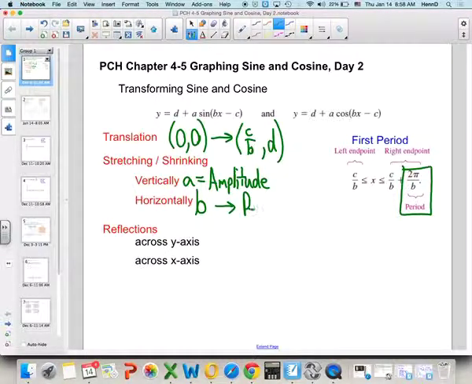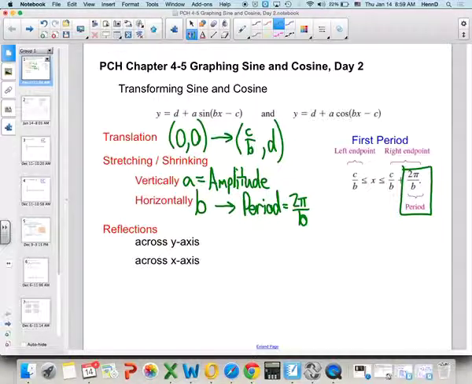Alright, the period equals 2 pi divided by b. And since we're dividing by b, there's an inverse relationship. So if b is a larger number, that means our period is going to get smaller. Okay? If b is a fraction or smaller number, that means it's going to be getting bigger.